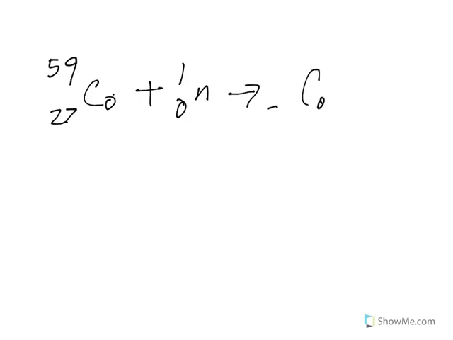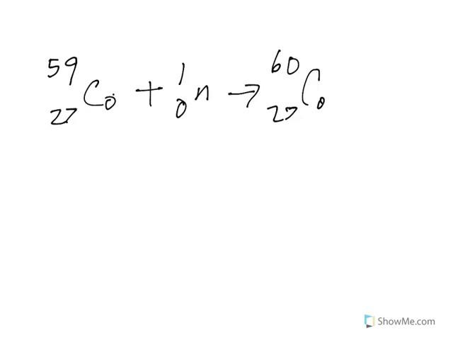So if we were looking at that, we've got cobalt-59, and cobalt's atomic number is 27, and we fire a neutron at it, and so it captures that neutron and then becomes still cobalt but it's now 60.